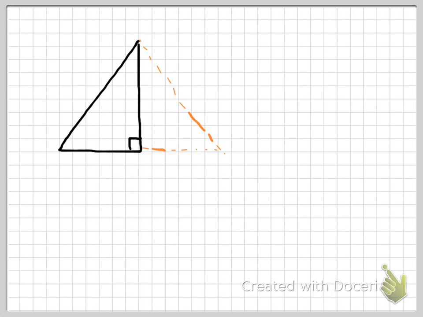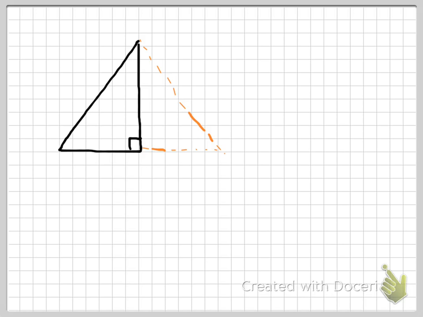Let's change pages here. Alright, so here is my triangle. I'm going to draw the rest of the equilateral triangle just so that you can see it, even though we're only dealing with this.